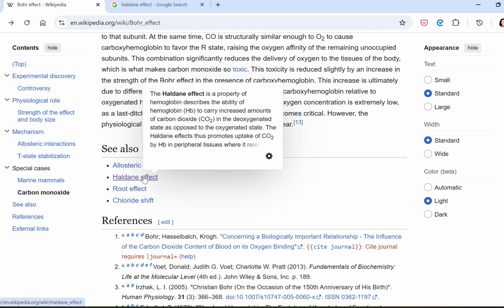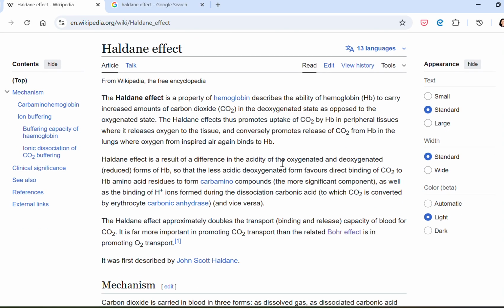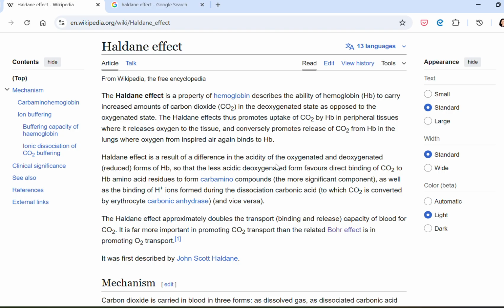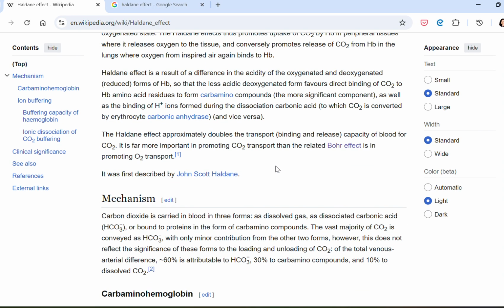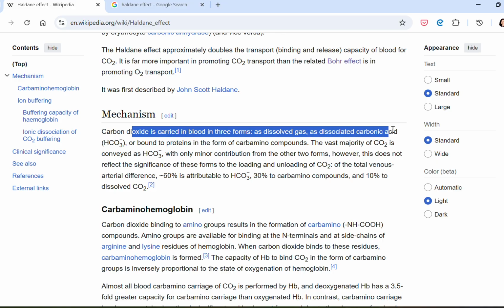And then we have the Haldane effect, hemoglobin's ability to carry carbon dioxide in the deoxygenated state. So when the oxygen is released, carbon dioxide can bind to it. Carbon dioxide is carried in blood in three forms: dissolved gas, dissociated carbonic acid, or bound to proteins in the form of carbamino compounds.